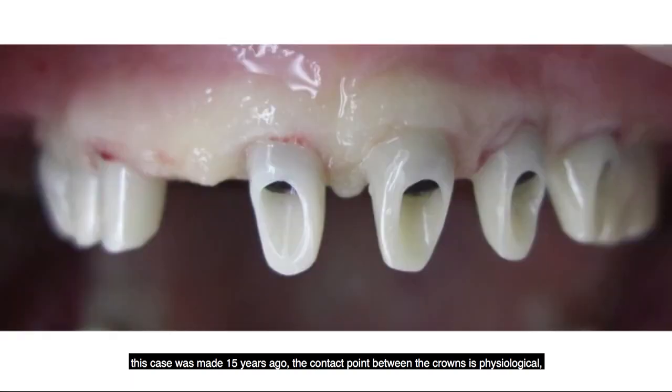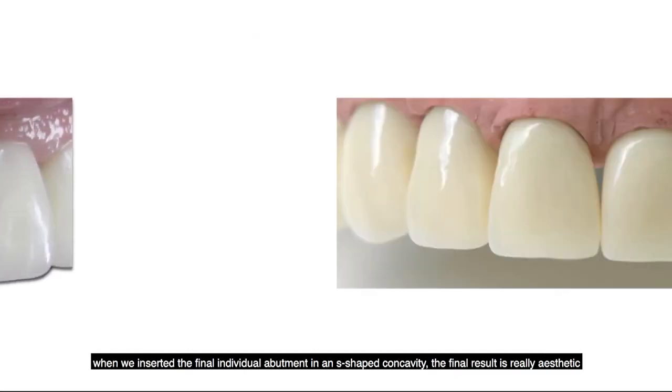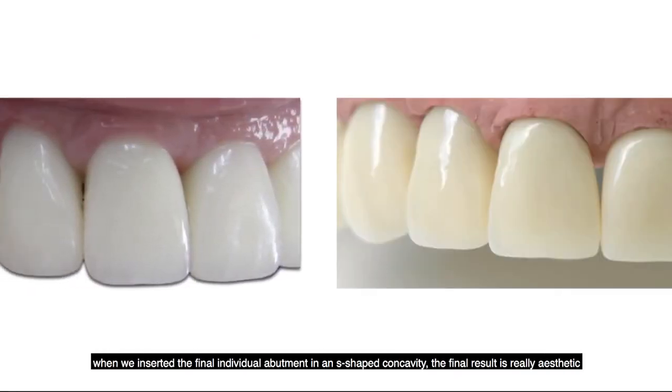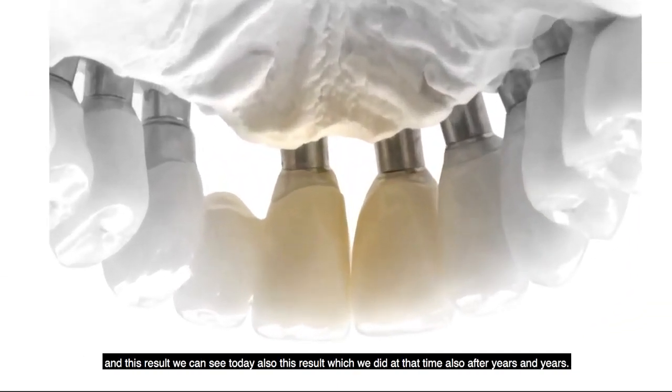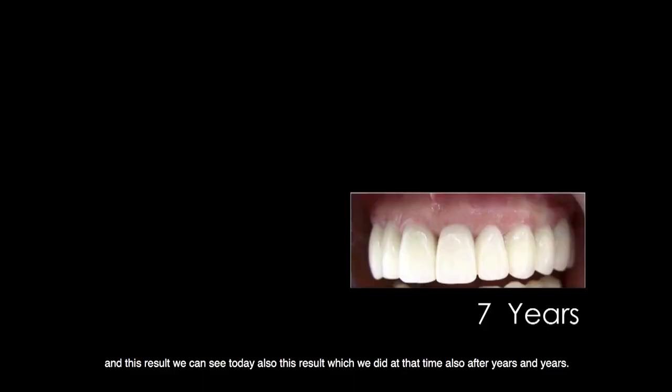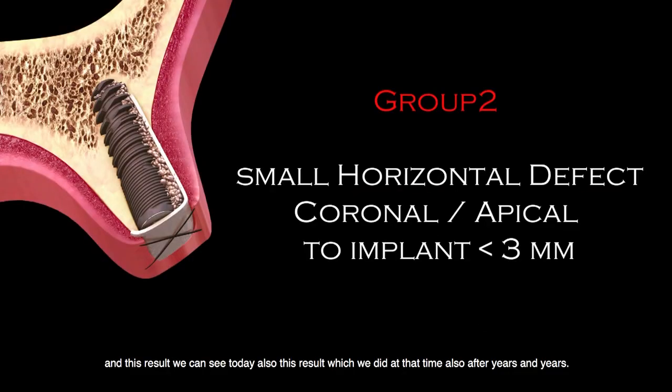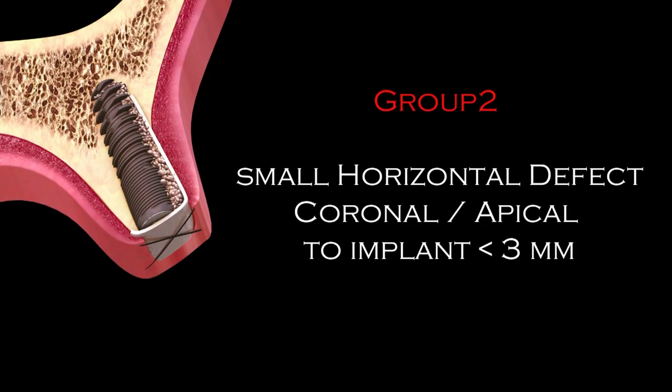The contact point between the crowns is physiological, the triangle is narrow. You can see a slight compression which happens in the soft tissue when we insert the final individual abutments in an S-shaped concavity. The final result is really aesthetic, and this result which we did at that time we can see today also, after years and years.